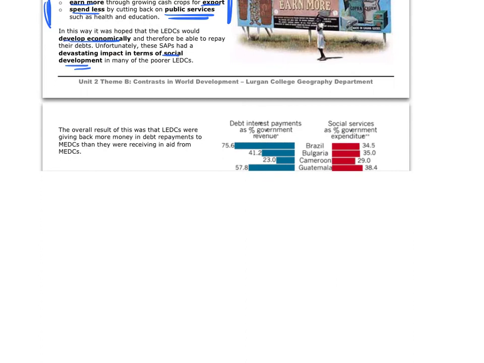Now, this little graph has got split here, unfortunately, but enough of it you can see here to make the point. So this is debt as a percentage of government spending, and this is social services, health and education as a percentage of government spending. You can see this side of the bar graph is bigger than this side. They were spending more here on debt repayment than they were on providing social development for the people of their own country.